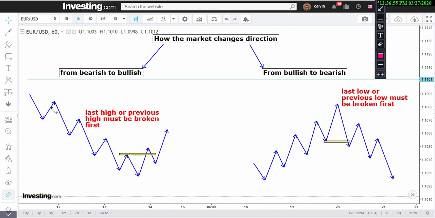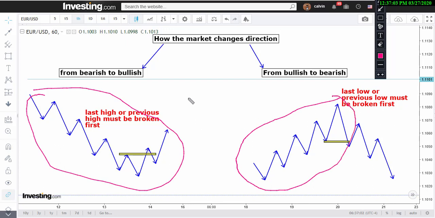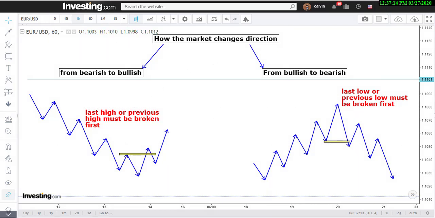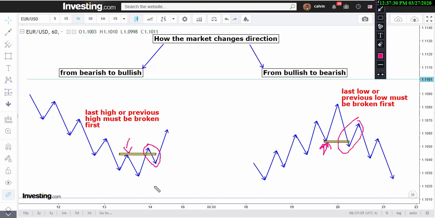If you understand these two things, your chances of being on the right side of the market are high. So you just have to understand how to see this last one and this piece here, because this move here is mostly aggressive.